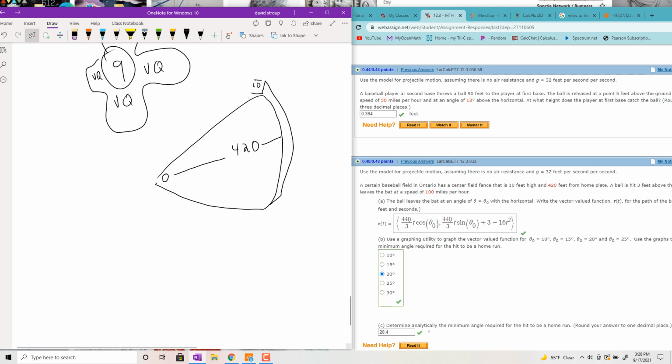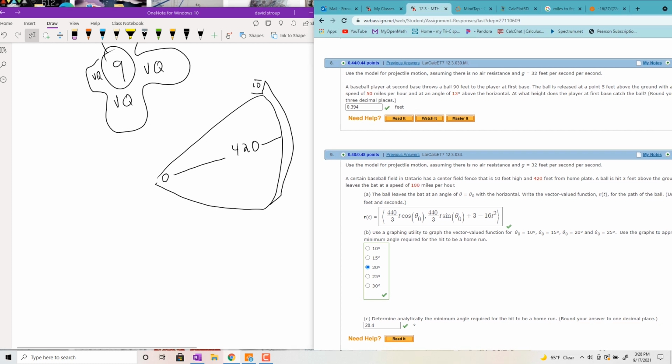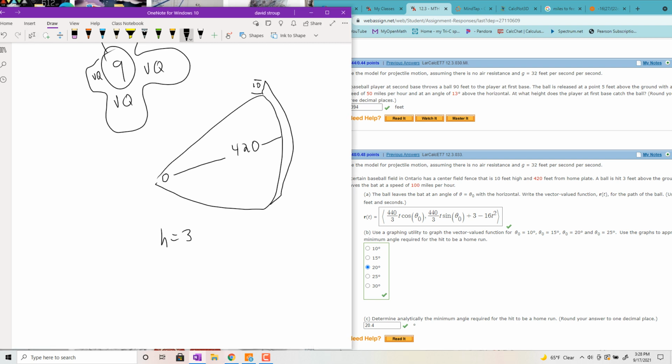Let's see what's happening. So the ball is hit 3 feet above the ground, so H is equal to 3. It leaves the bat with a speed, so V sub 0 is 100, but we've got to convert that. So 100 miles per hour. In 1 hour, there are 3,600 seconds, and in 1 mile, there are 5280 feet.